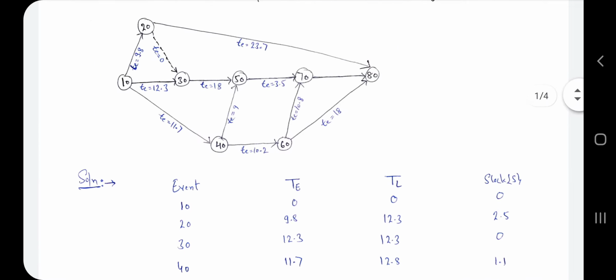Here the critical path is underlined by a dark line, thick line, or maybe a double line. So 10, 30, 50, 70 and 80, this path is the critical path for the particular network. In this manner we have found the TE, TL and slack values, and with the help of the slack value we also found the critical path.